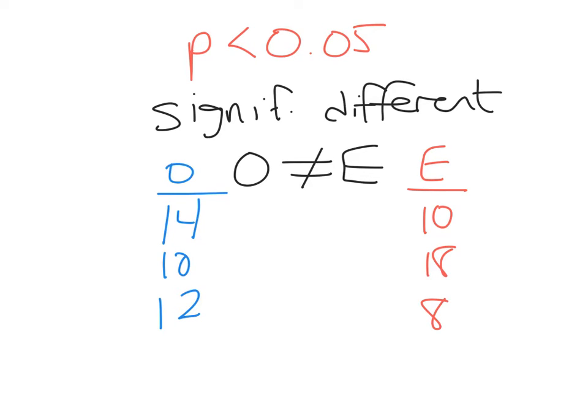When you stare at the observed and the expected columns, could you explain, just in normal language, what's different between the two? Why is the observed significantly different than the expected? What happened? Who do we have too many of? Who do we have not enough of? So we've observed not enough heterozygotes. We expected to see more heterozygotes than we actually saw.